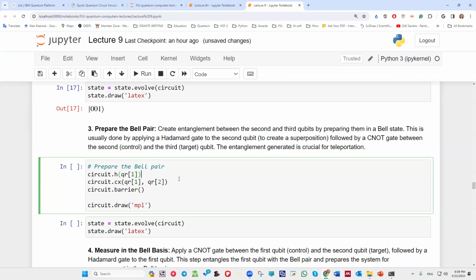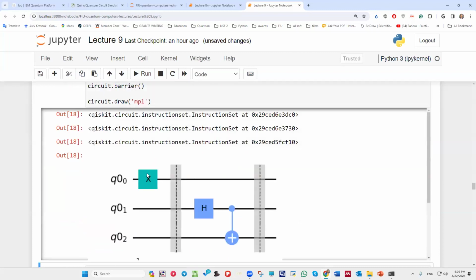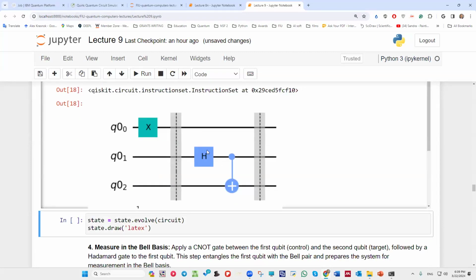What does she do? Let me say it this way. These 3 qubits, right? The qubit 0 and qubit 1 belong to Alice. Qubit 0 contains the state she wants to teleport.